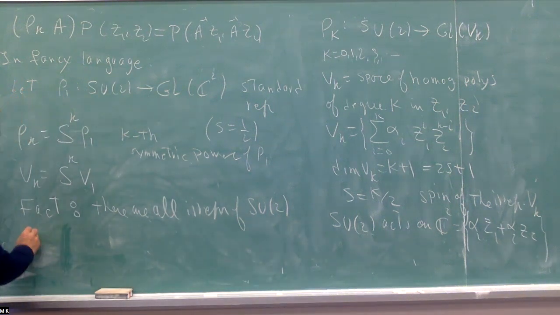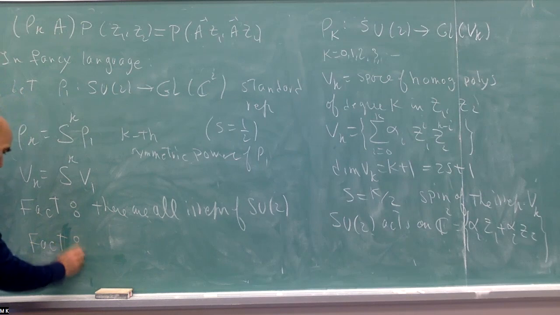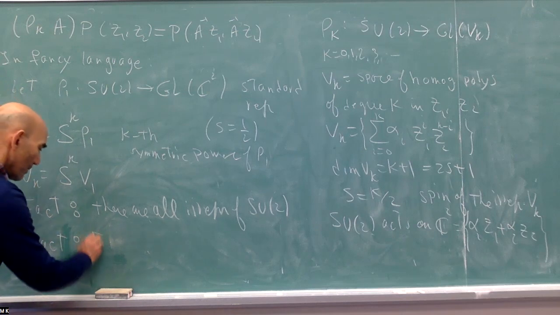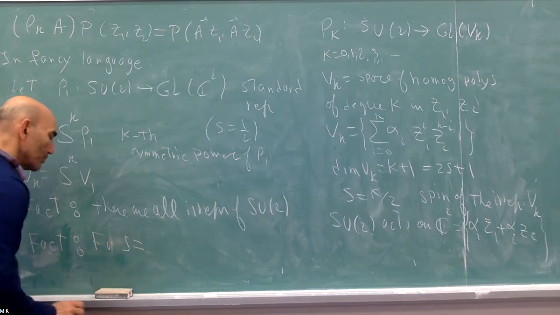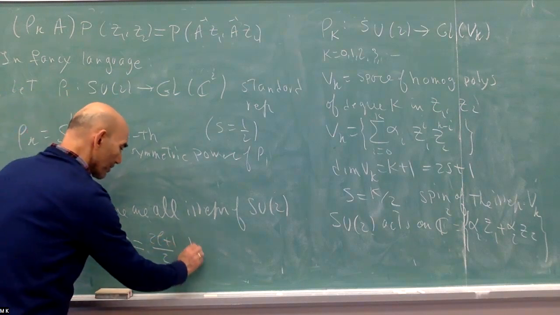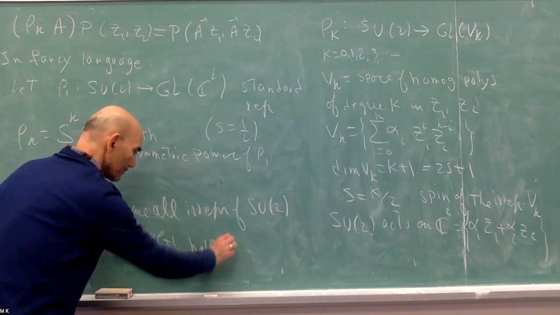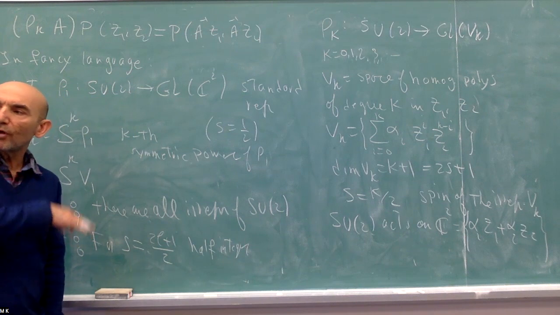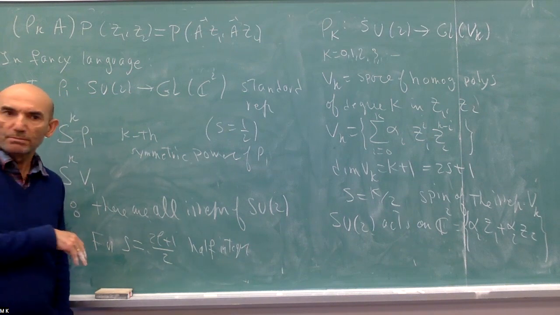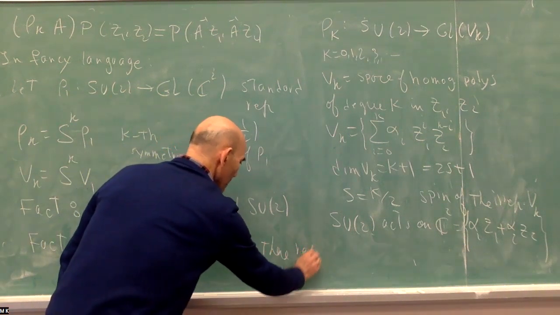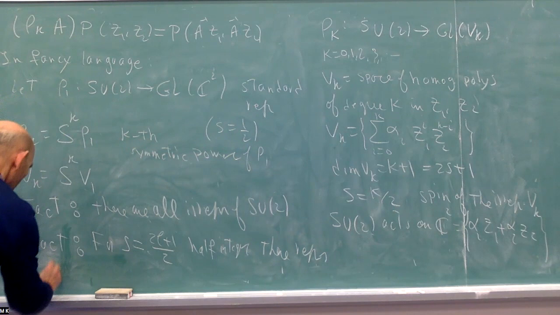Another fact is that for a half integer spin, for s equal to 2l plus 1 over 2, half integer, these representations do not come from SO3, okay?